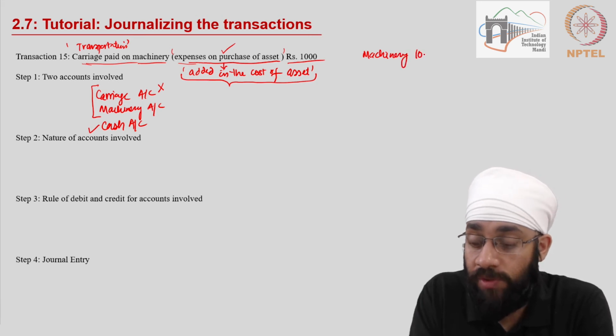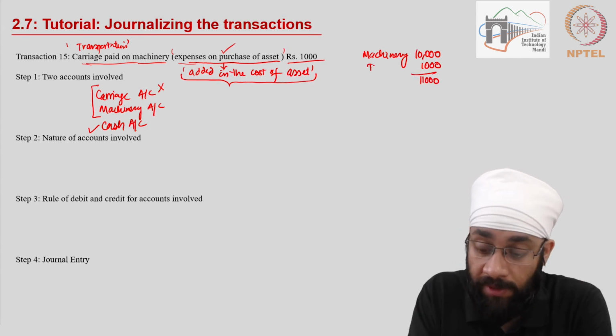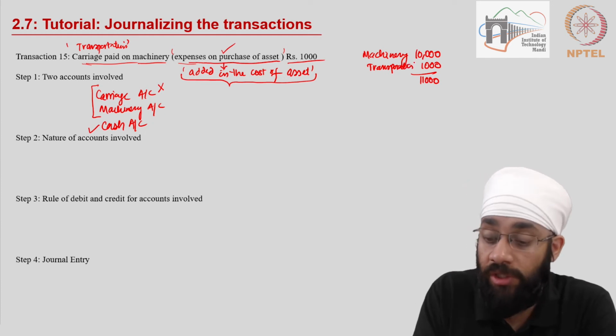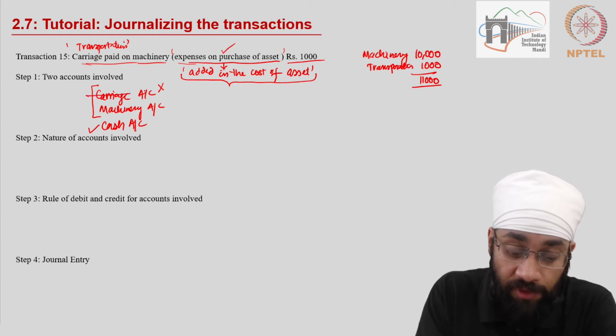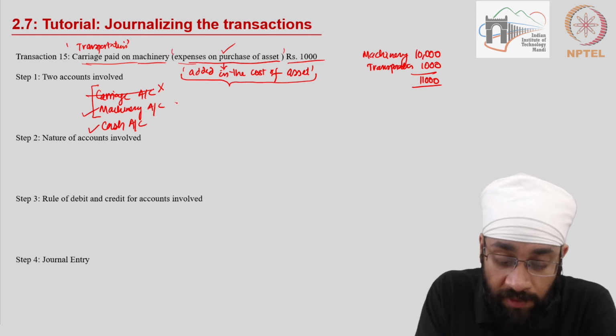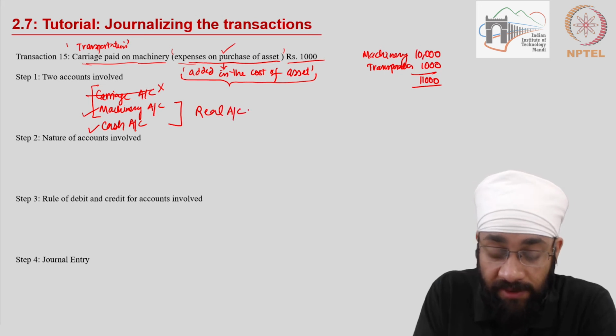If the machinery was bought for 10,000, now its value is going to be 11,000 because you paid transportation on it. Any expenses pre-installation is added to the cost. Therefore, not the carriage account but the machinery account is going to be involved. Both these accounts represent assets and hence are real accounts.